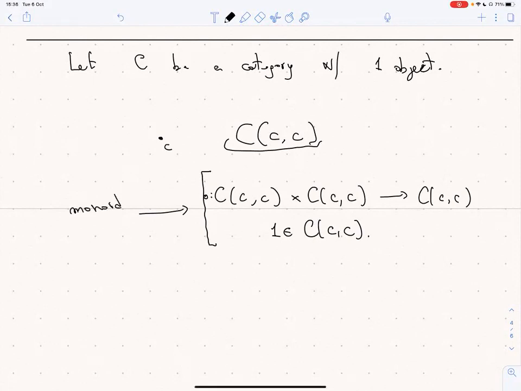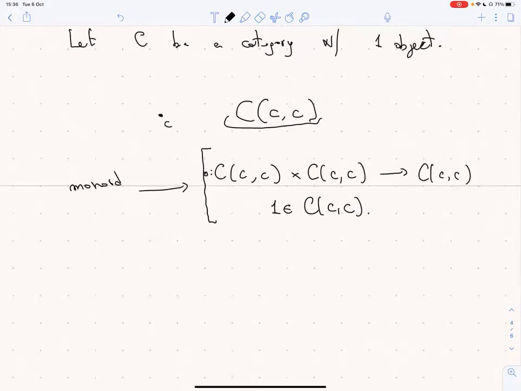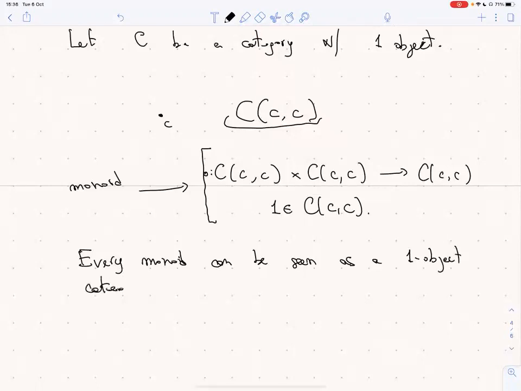So this means that every monoid can be seen as a one-object category.